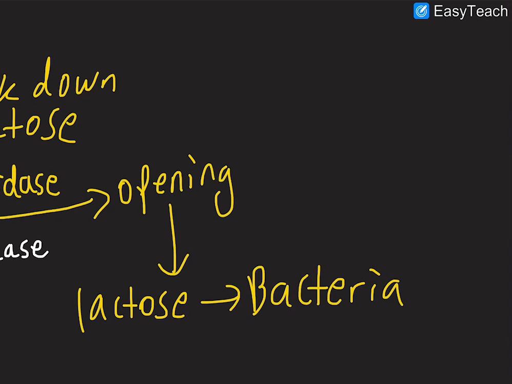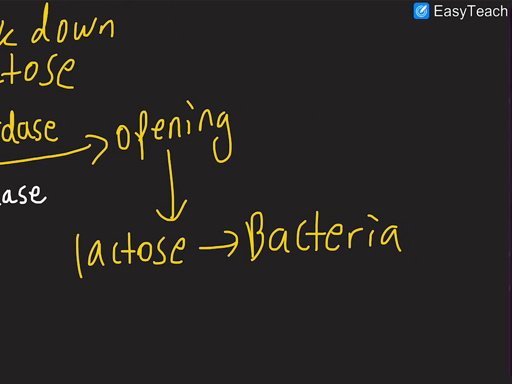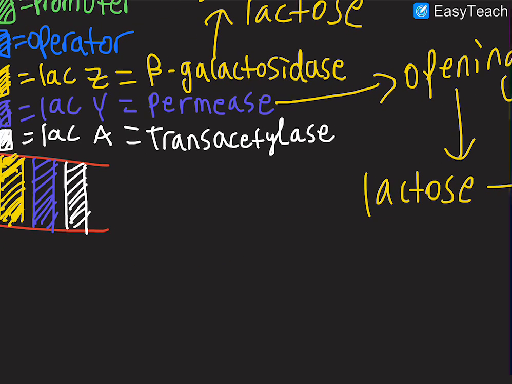Beta-galactoside permease creates an opening in the bacteria cell wall, so the lactose outside of the bacteria can go from outside to inside, and the bacteria can use the lactose for energy.